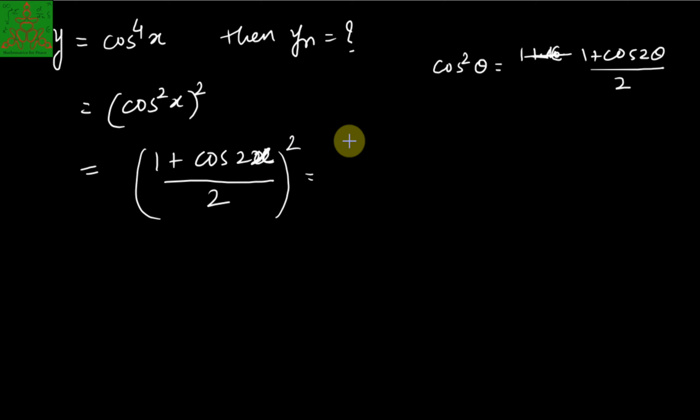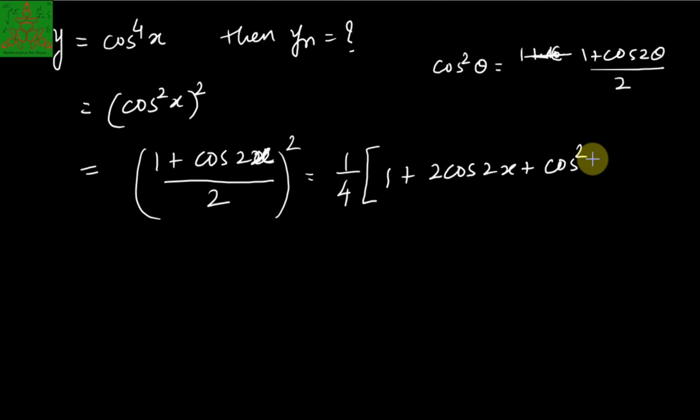If I do the square of this, 1 by 4 is a constant which I can take out. It is 1 by 4 times (1 plus 2 cos 2x plus cos square 2x). Again, I cannot take the derivative of cos square.